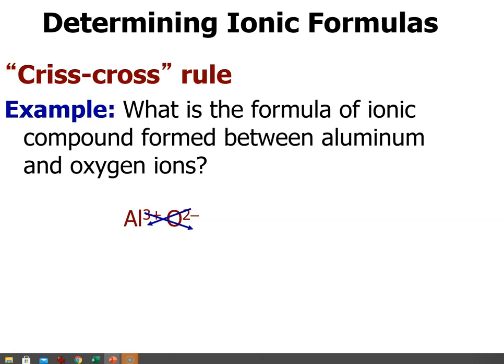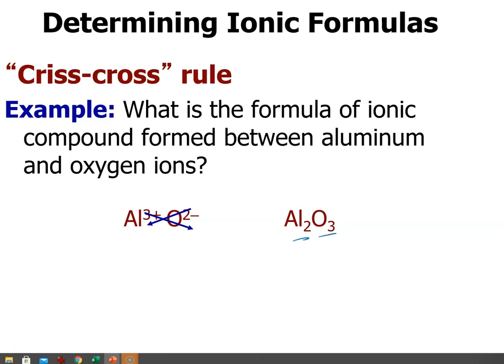So now I'm going to write this out. We have aluminum oxide. I've taken that +3 charge up here and I've moved it down below to refer to how many oxygen elements we need. And then the oxygen's a -2. I put that down by the aluminum. Okay, so does that make sense? What does this tell us?